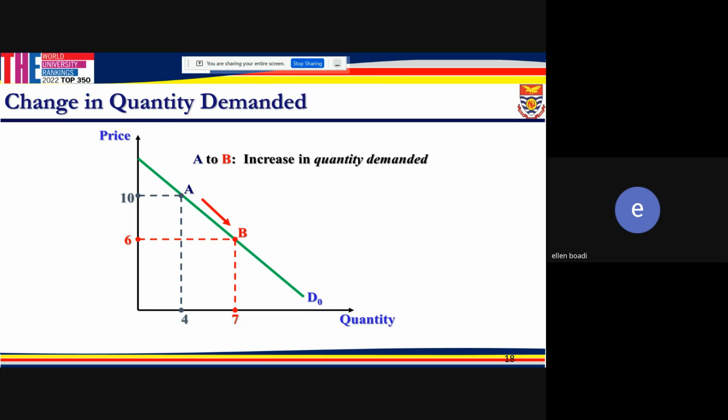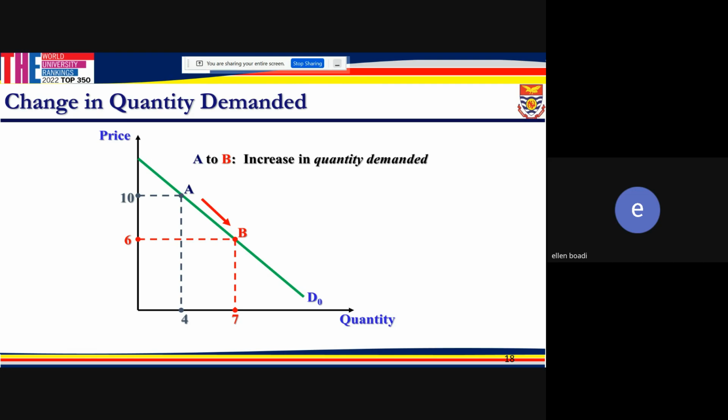So we are moving on the discussion to distinguish between change in demand and change in quantity demanded. In economics, these terms may sound similar, but they are not. The implication is different. The first one we are looking at is a change in quantity demanded.